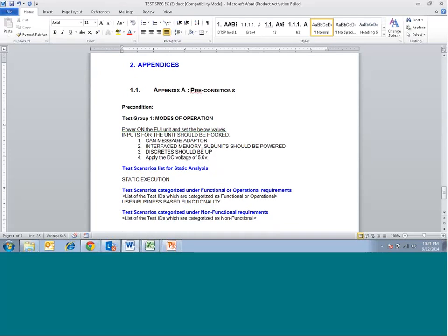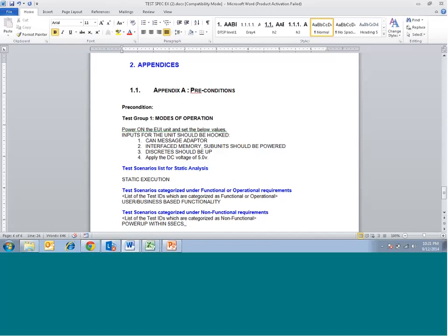That is an actual requirement. Some of the non-functional requirements, such as it should power up within 5 seconds, are test cases that are not business related or user related. That is all performance or supporting sort of requirement.